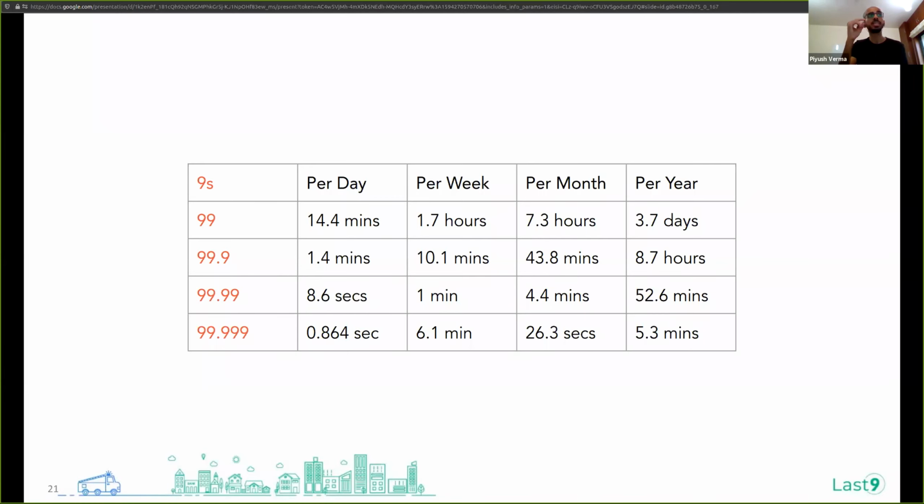And as you see, as each 9 keeps increasing, the amount of reaction time that we are going to be left with is almost negligible. Think about it. 99.99 is 8.6 seconds a day. For sure, it takes more than that for me to open my email, let alone react to it and then bring that site up.